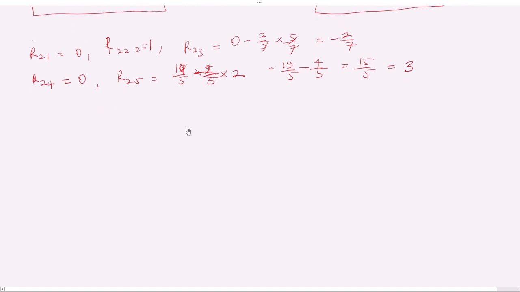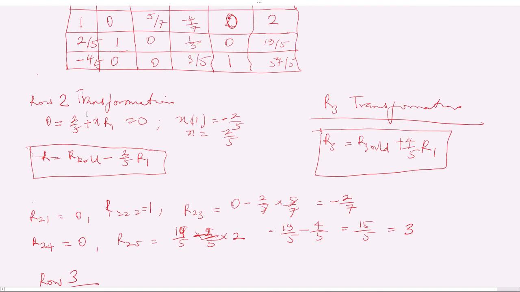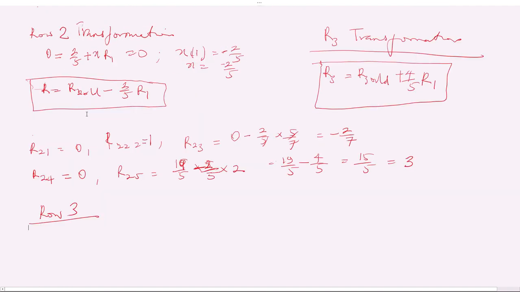So for row 3 values, we already have the transformation. The old value is minus 4 over 5, so R31 equals minus 4 over 5, no, sorry, plus 1, equals 0.